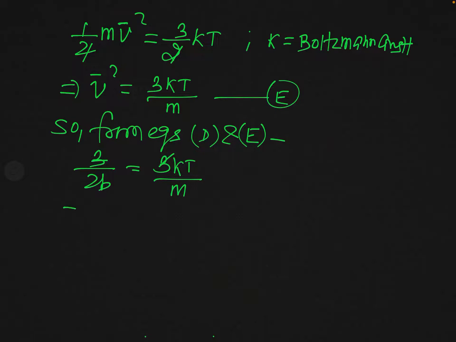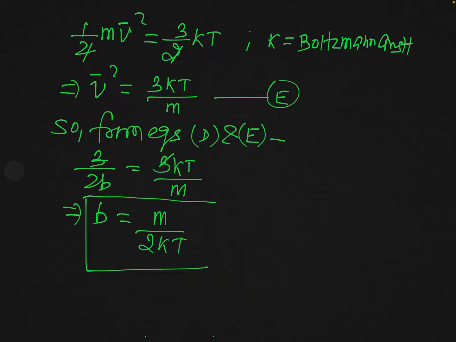So this 3 and this 3 will cancel out, and b is equal to what? This is m over 2 kT. So this is actually the value of constant b. We have evaluated the value of constant b here, and as I have told you, you must remember it. b equal to m over 2 kT. m you know, this is mass of the molecule, k is Boltzmann constant, and T is absolute temperature.